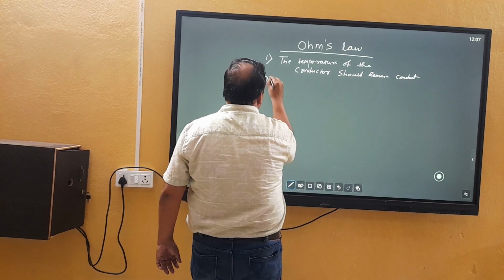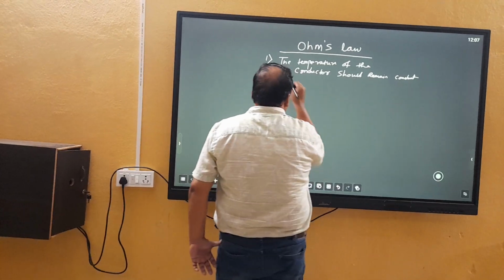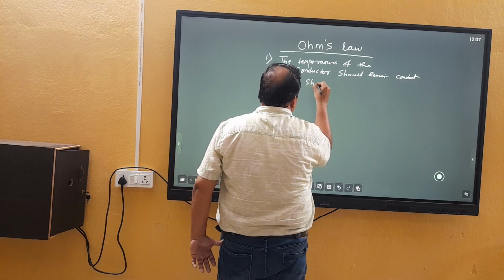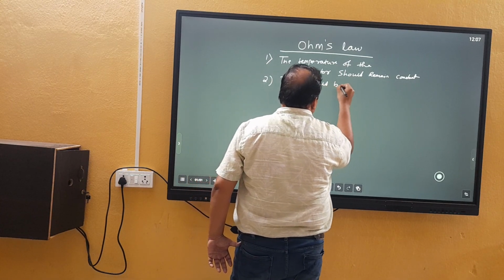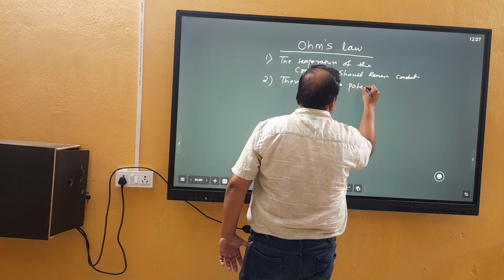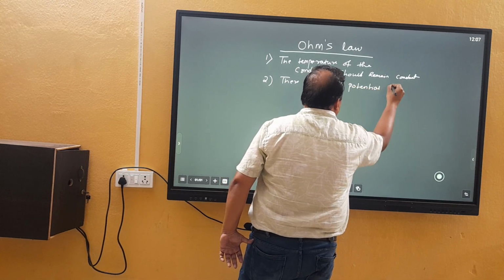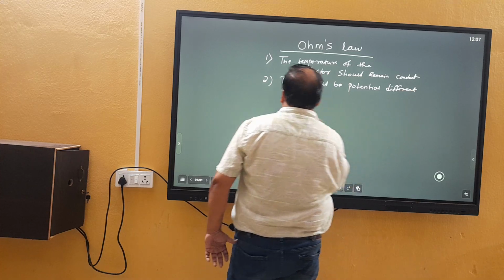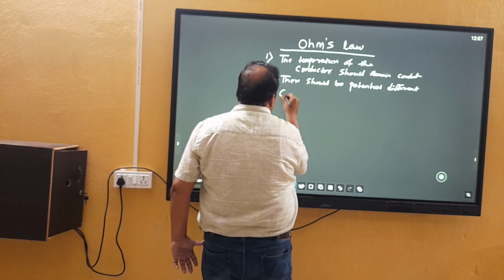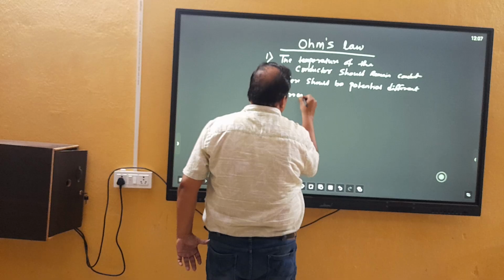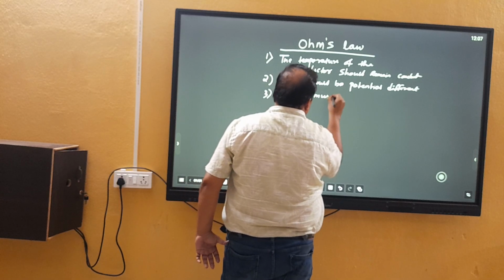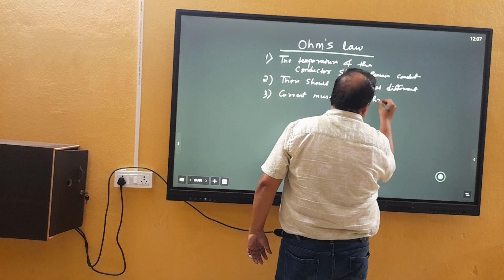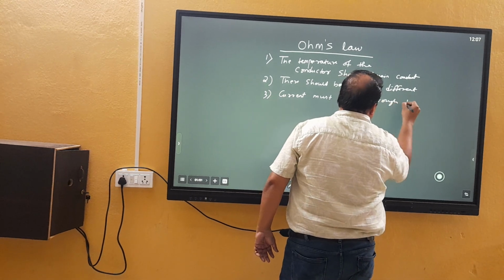Number two, there should be a potential difference. Number three, current must flow through the conductor.